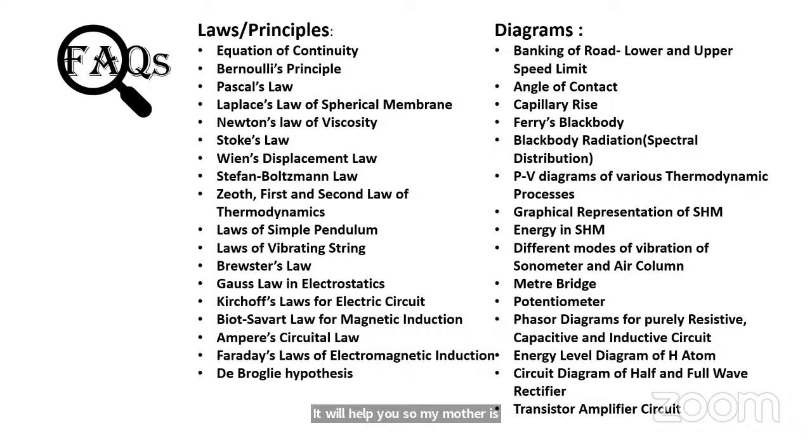Next is angle of contact diagrams. There are 3 diagrams depending on obtuse angle of contact, acute angle of contact, and zero angle of contact. Relative cohesive and adhesive forces, that makes a difference.